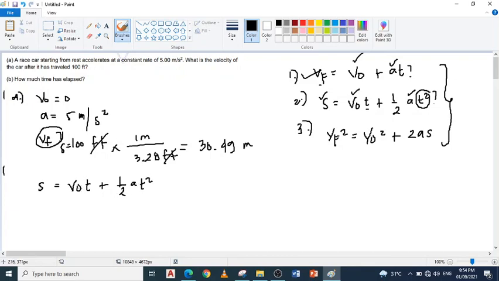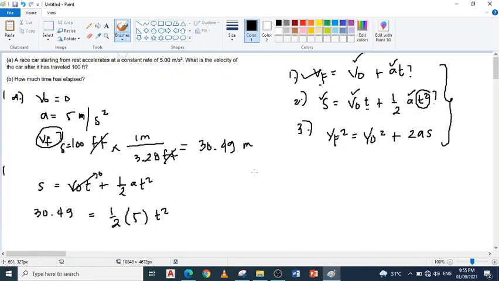So, yung S natin is 30.49 meters, equal to, ano yung Vo natin? 0. Okay, so ito, full term is 0. Plus 1 half, acceleration natin is 5 meters per second square. So we can compute for the time.